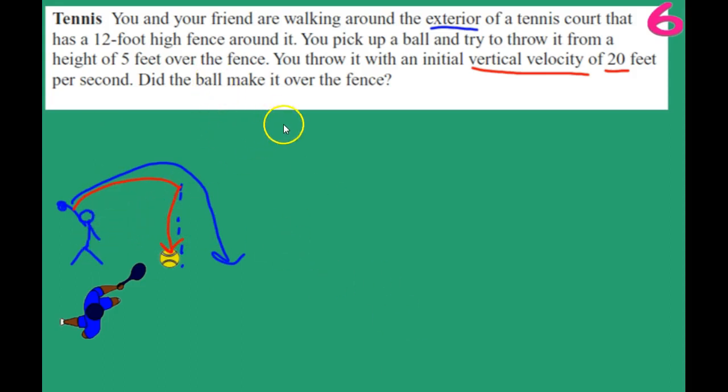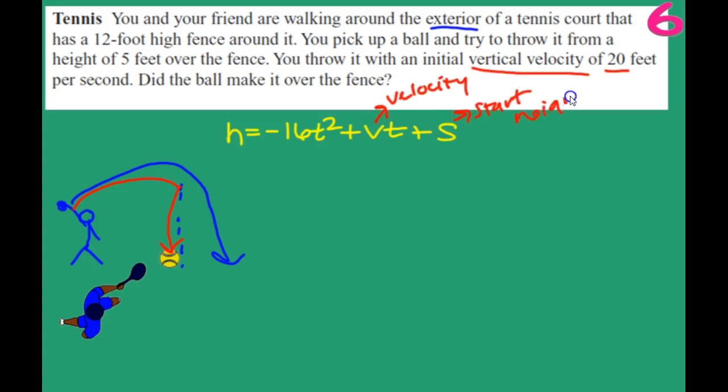First, we're going to use our equation for throwing objects, which is our height equals negative 16t squared, remember t is our time, plus vt plus s. A couple things here. V, remember, is our velocity. S is our starting height. And h is our ending height.